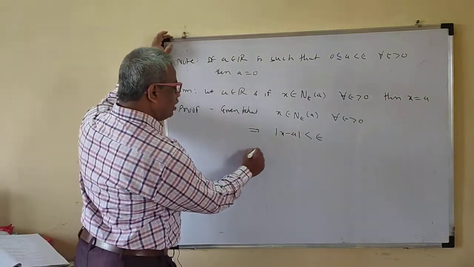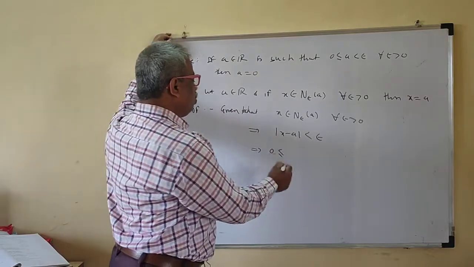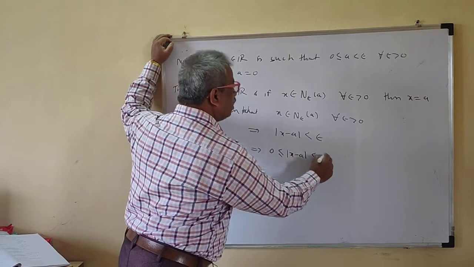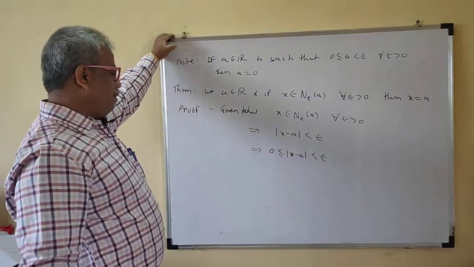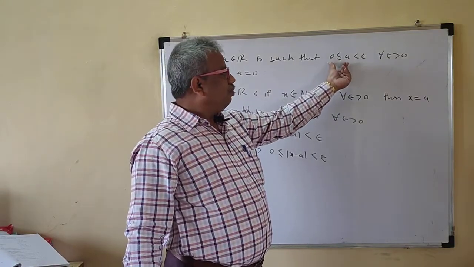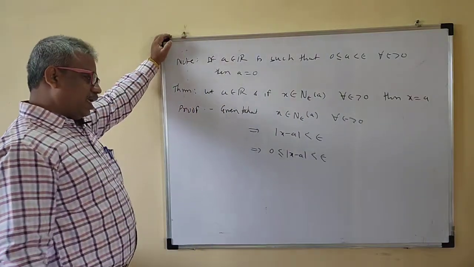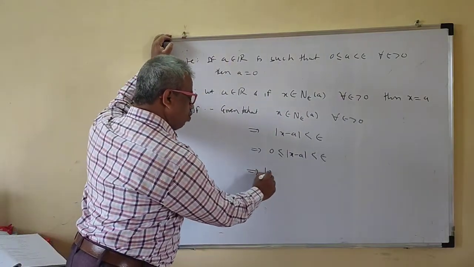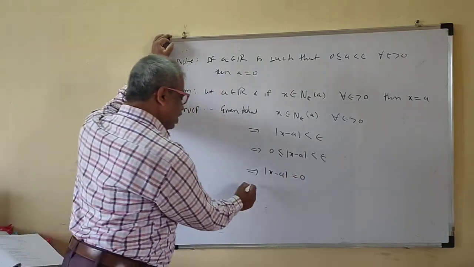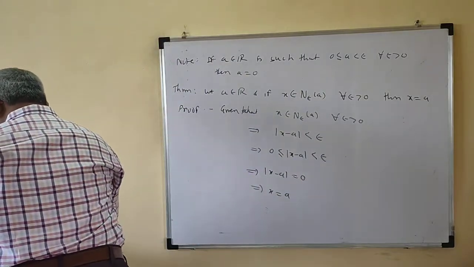So I can write 0 less than or equal to mod of X minus A, because mod is always non-negative and may be equal to 0 since X may be A. Now we apply this property: 0 less than or equal to mod X minus A less than epsilon for all epsilon greater than 0, then it is equal to 0. So this implies mod X minus A is equal to 0, so X is equal to A. So that is over now.